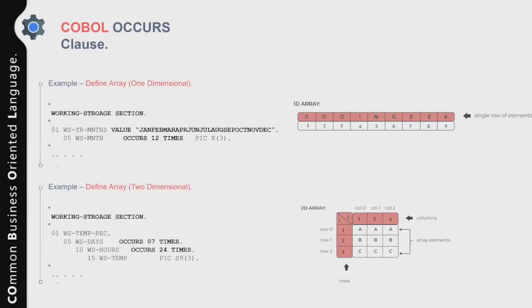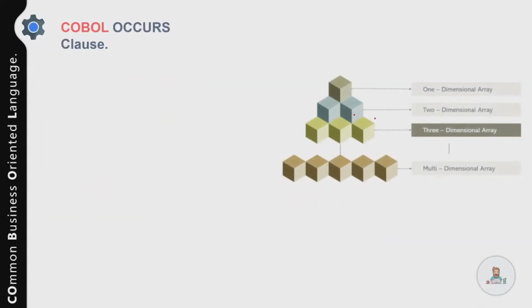So we have defined WS-HOURS at the next level, that is level 10, and that will occur 24 times. And the actual variable which is going to hold the temperature is WS-TEMP, and it is defined as PIC S9(3). So this is how you can store 24-hour temperature for 7 days. Now let me showcase my third example where we are defining a three-dimensional array or table.